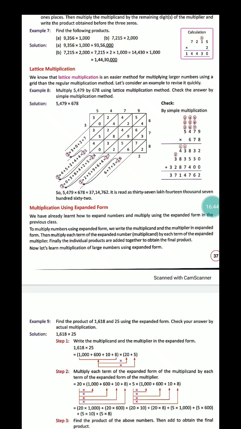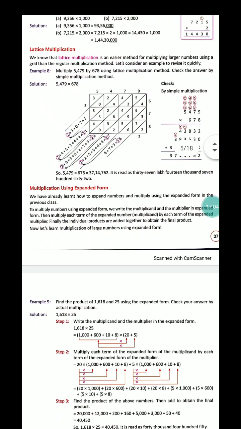Let's consider an example to revise it quickly. Example number 8. Multiply 5,479 by 678 using the lattice multiplication method. Check the answer by the simple multiplication method.